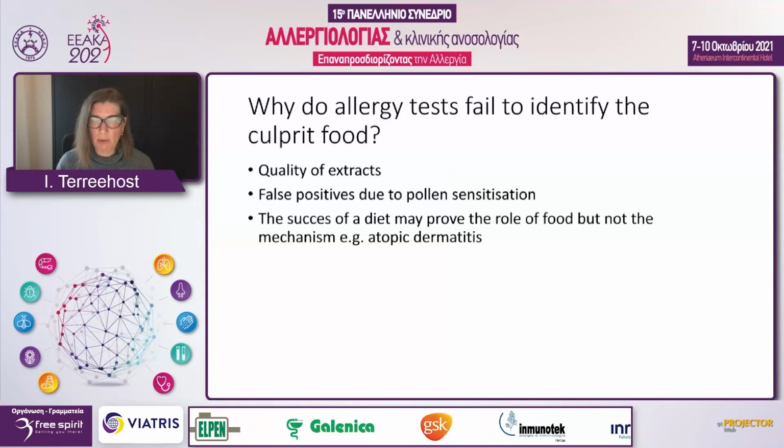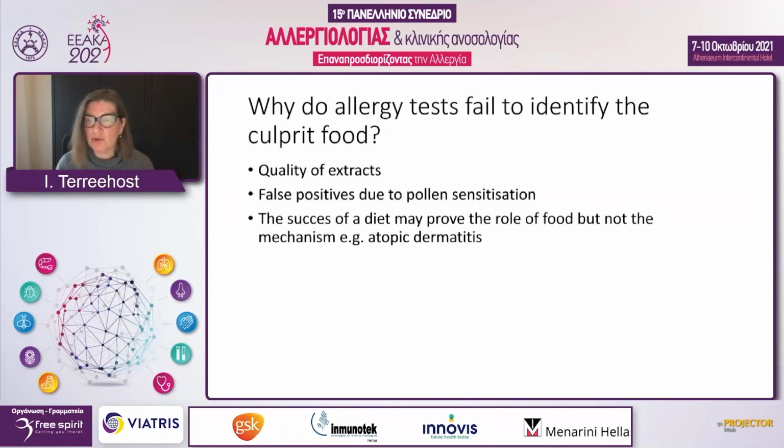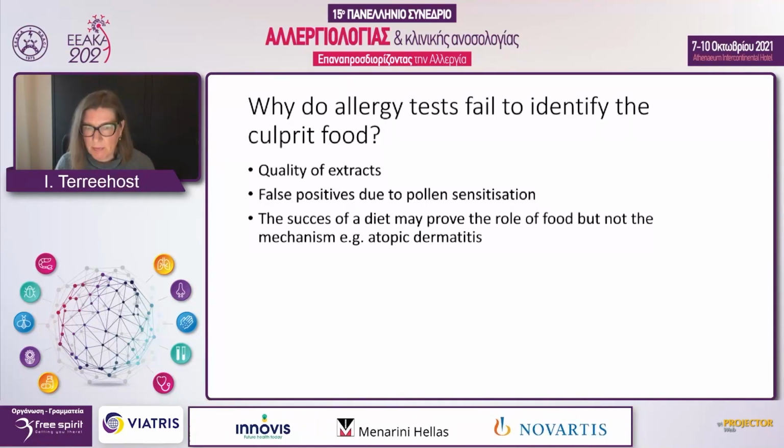But maybe more importantly, and this is what we have already seen in, for instance, atopic dermatitis, the fact that a diet works doesn't prove the mechanism, it just proves the role of food. Many patients, for instance, complain that their atopic dermatitis is caused by food and that the diet works.